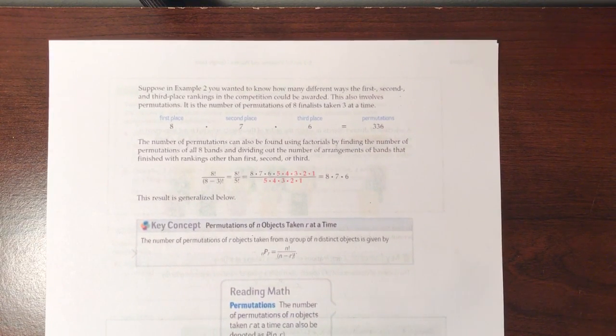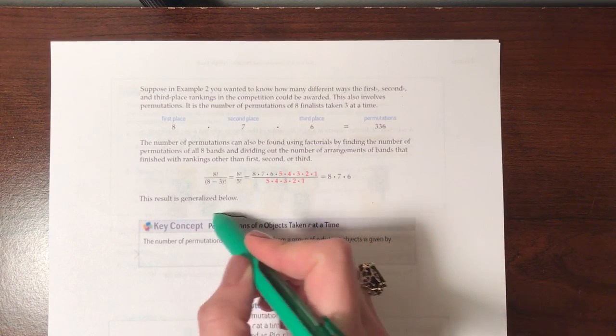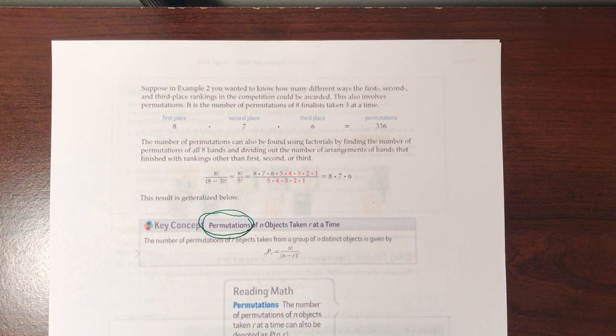And we're going to start by just reviewing what a permutation is. So if you remember yesterday, we talked about permutations. And permutations are, if we think of how many different ways we can put a first place, second place, and third place, how many different ways we can organize those winners.